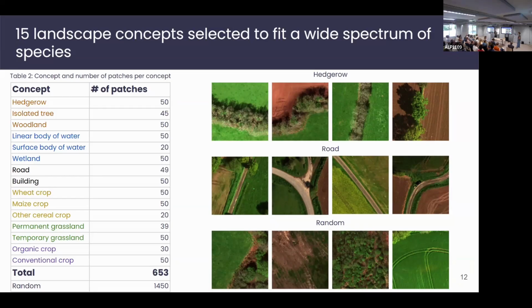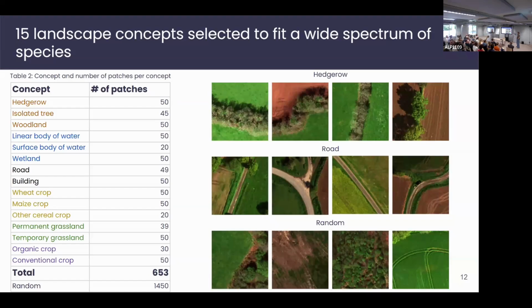We have permanent and non-permanent bodies. So we took this general terminology, surface body of water. Yeah, this is fine. Okay, great.